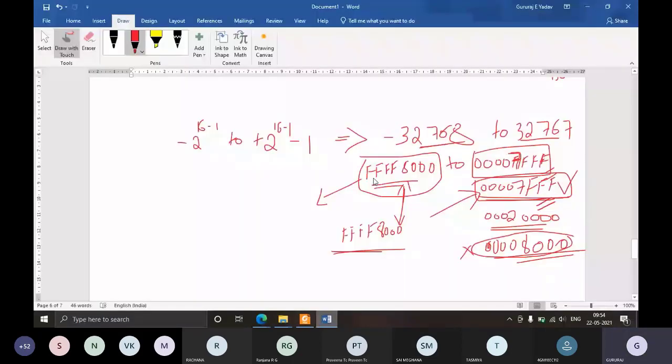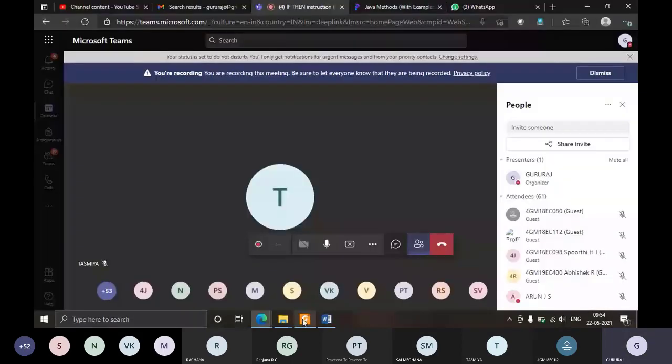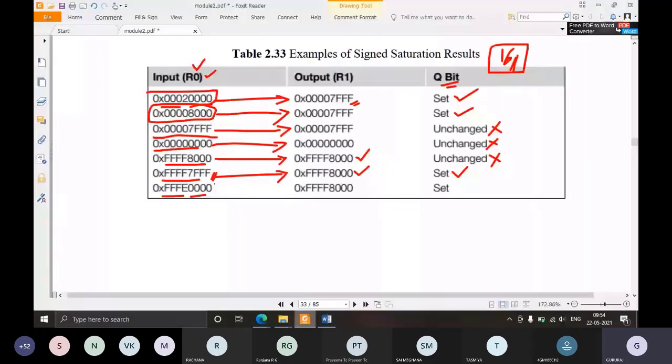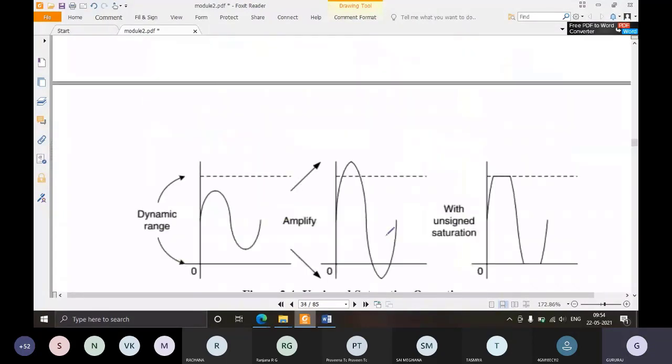Since it is exceeding the maximum negative value, it will be rounded off to the maximum negative value that we can represent, which is FFFF followed by 8000. Since it is rounded off, the Q flag is set. So this is about signed saturation.